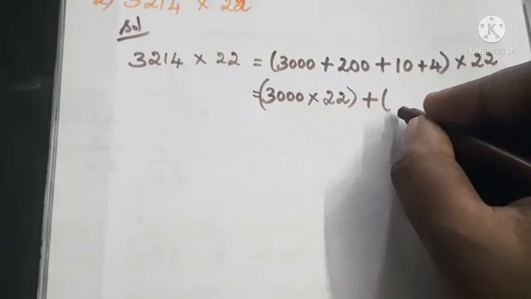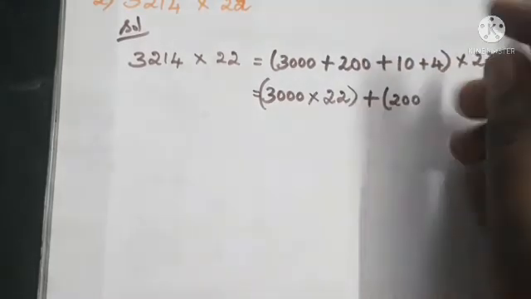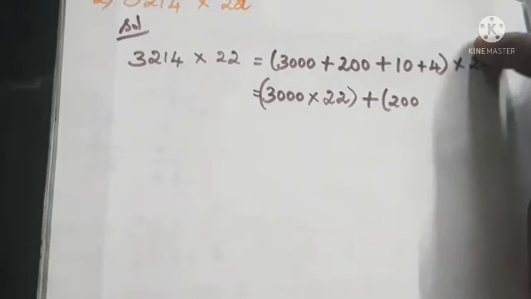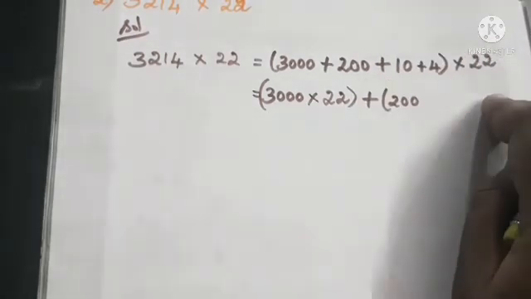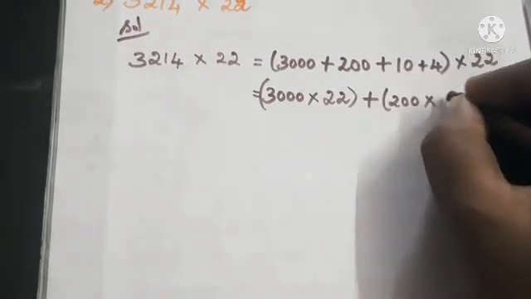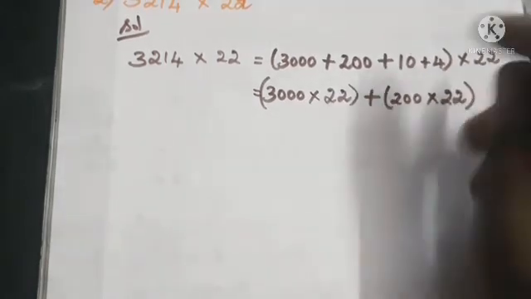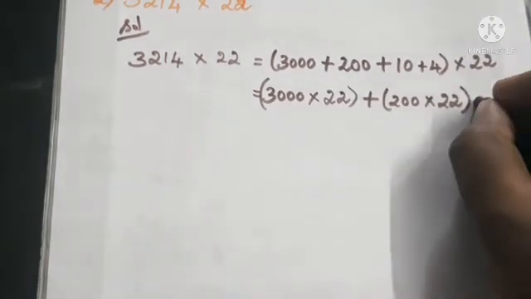Before that you have to open the bracket. The next value we have is 200, so 200 multiplied by 22. Close the bracket. Then place the plus symbol.